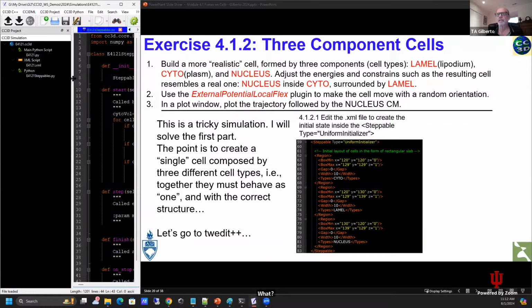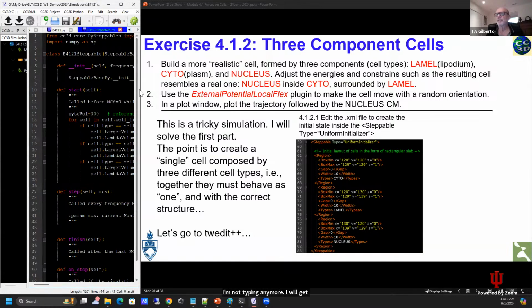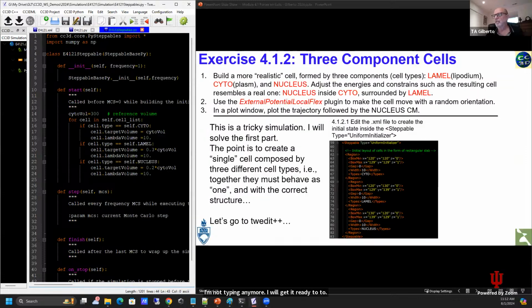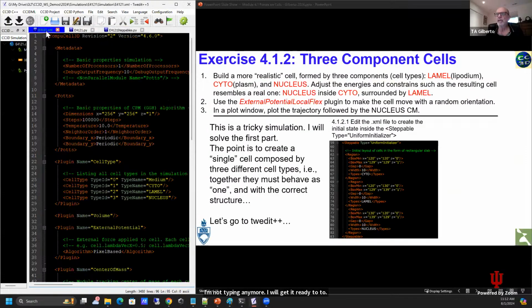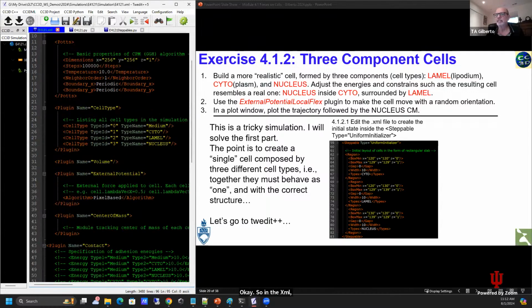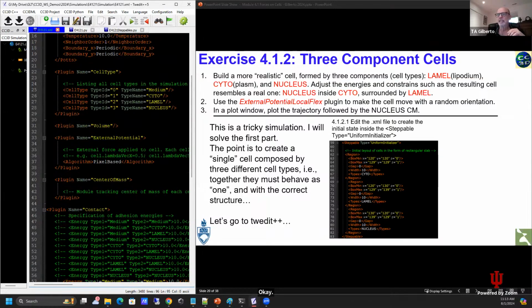Okay, so in the XML, I created three kinds of cells that I called cyto, lamel, and nucleus for the three components of the cell. What I'm doing is I will create a cell which is built of three parts, three different cells: cyto, lamel, and nucleus. I will later apply an external potential, but at the beginning we have this situation here.